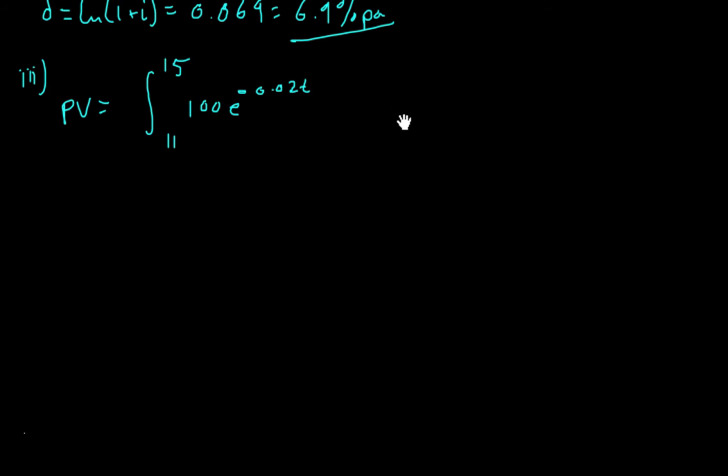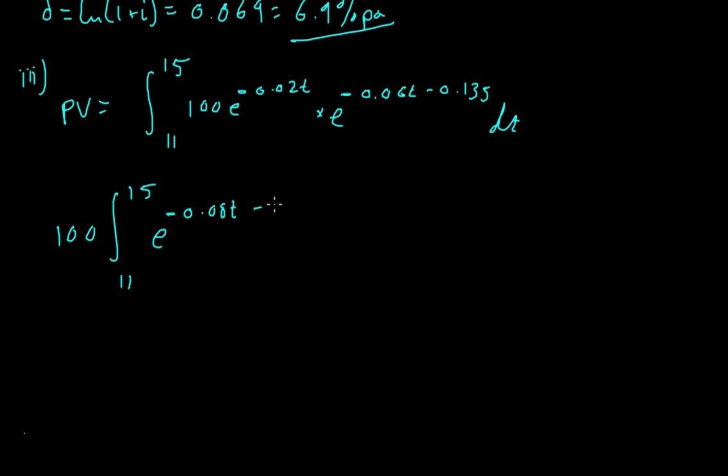So we're just multiplying by this bit, e to the negative 0.06t minus 0.135, dt. Okay, we can take out the 100 and we can also simplify by multiplying the two together, and that's going to give us e to the negative 0.08t minus 0.135, still dt.